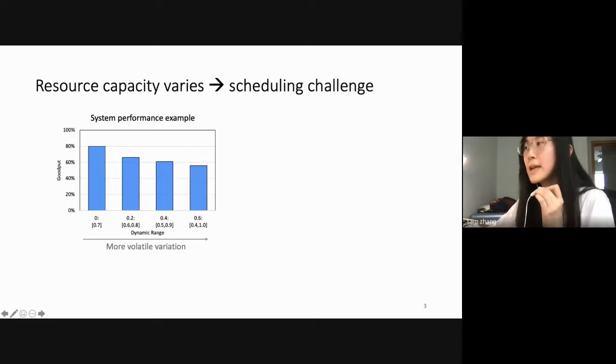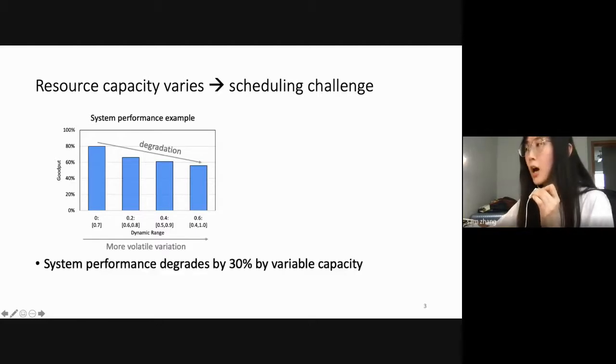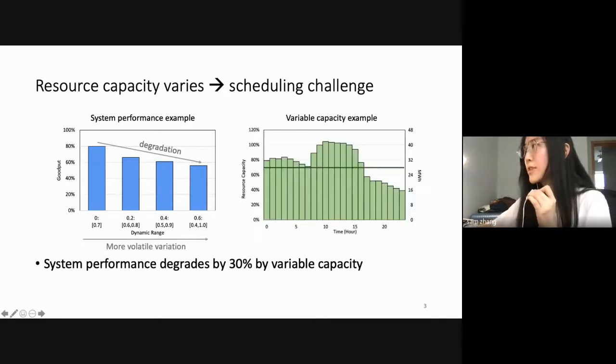We can see that as resource capacity becomes more volatile, there is a clear trend of performance degradation of up to about 30% compared to a fixed capacity scenario.